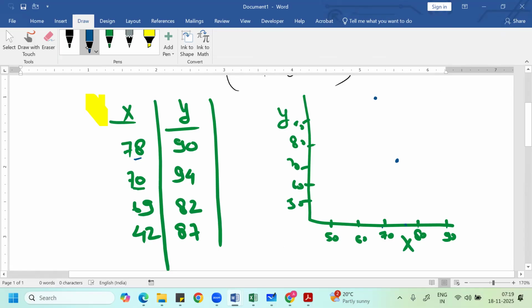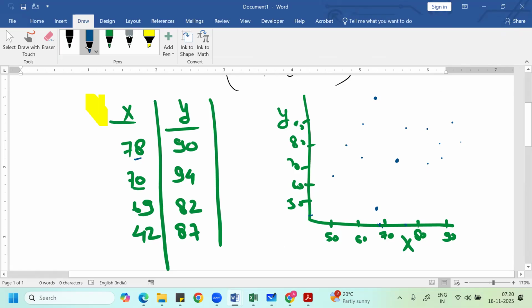When x is 69, y is 42, somewhere here. This kind of dotted relationship is called a scatter plot representation.